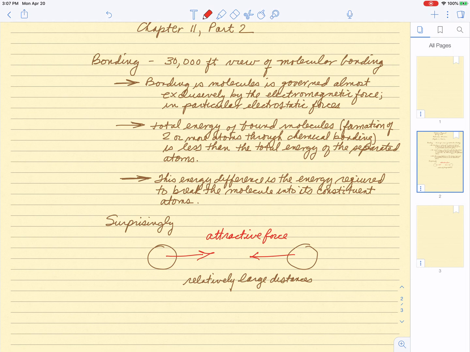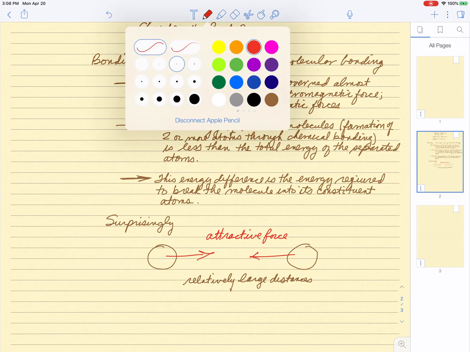And that's a little non-intuitive, actually, and hopefully in this discussion you'll get a better feel for that. But especially if one were to take two neutral atoms, it's not necessarily clear that at relatively large distance there would be an attractive force between them.